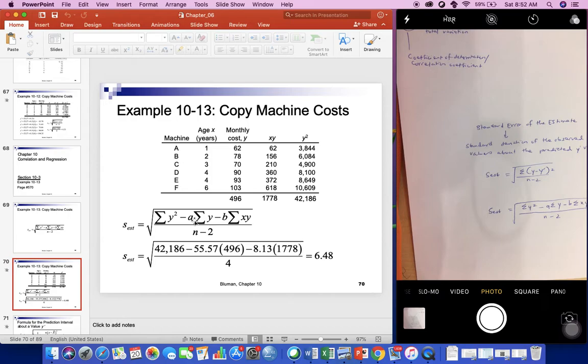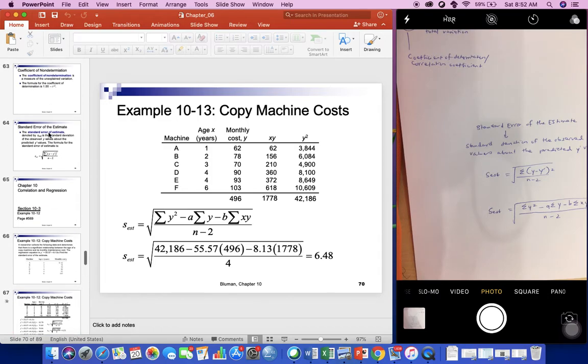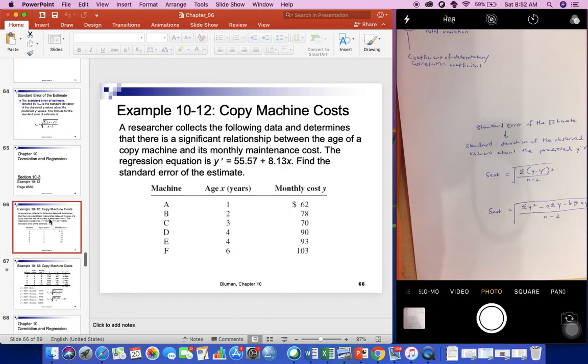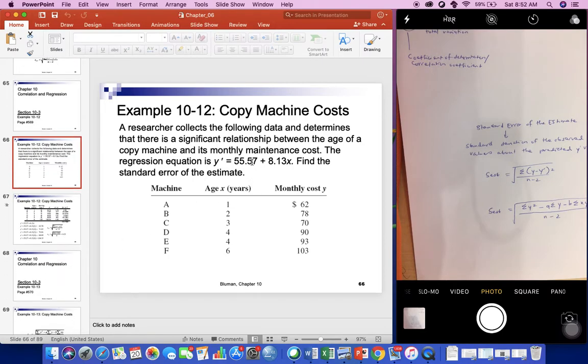What is A? A is here, 55.57. This is the value for A, and this one is the value for B, 8.13.